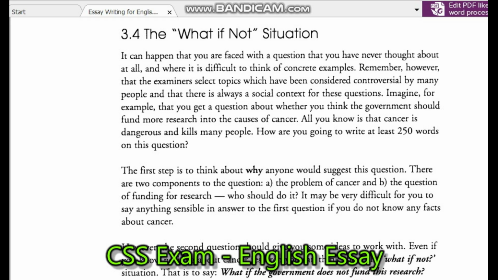The first step is to think about why anyone would suggest this question. There are 2 components to the question: the problem of cancer and the question of funding for research. Who should do it?